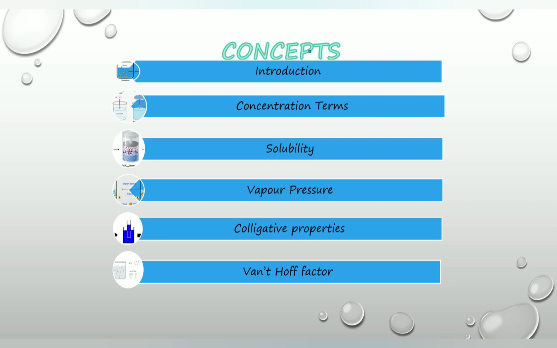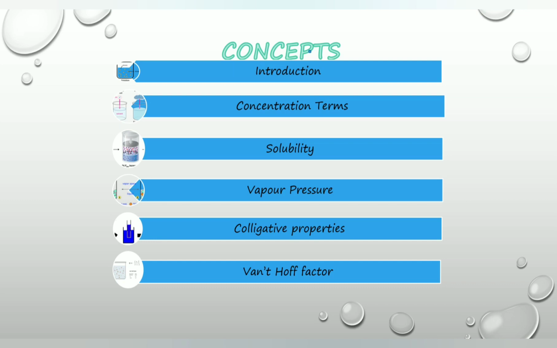In the introduction part, we'll discuss the components of the solution, that is solute and solvent. Next, types of solution on the basis of the phase of solvent. Next, we'll discuss the concentration terms. We have already discussed the concentration terms in Class 11 Chemistry.